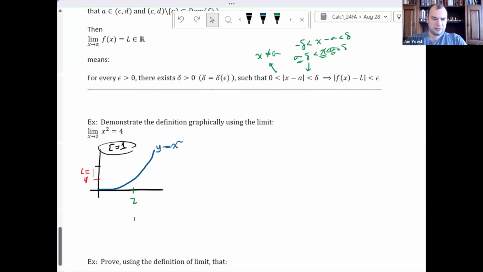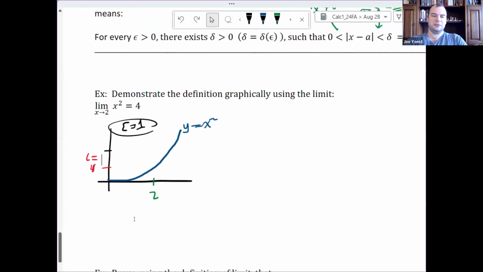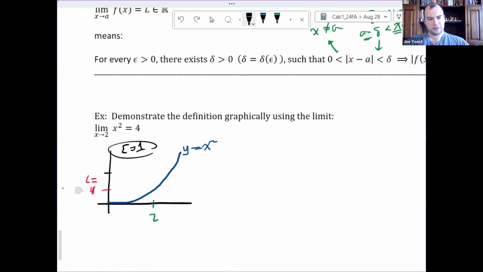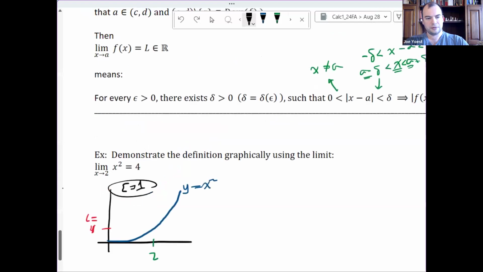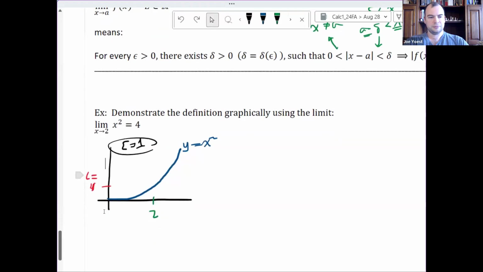And let me actually zoom this in a little bit. So this will be 1 unit up, or going up to 5, and 1 unit down, or going down to 3.